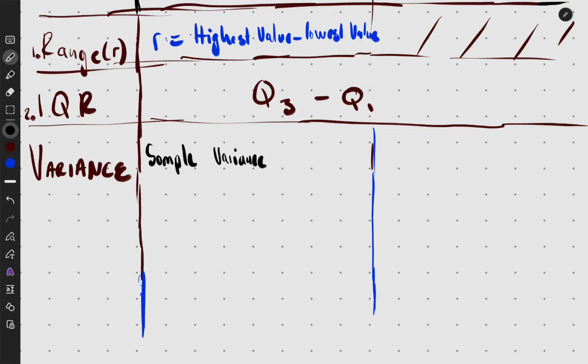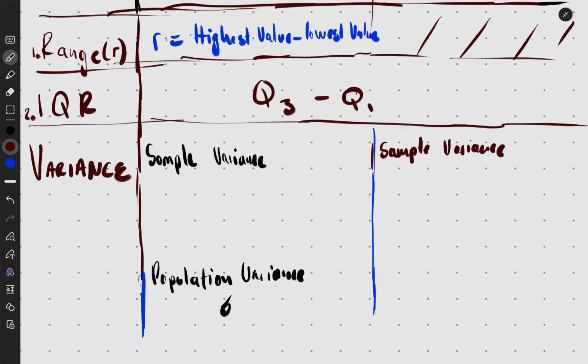Population mean, we had it as a mu, a Greek letter. That's the same here. Population variance will be a Greek letter, but it will be sigma. Okay, sample variance, and we still have again sample variance for grouped data, and we still have, again, population variance for grouped data.